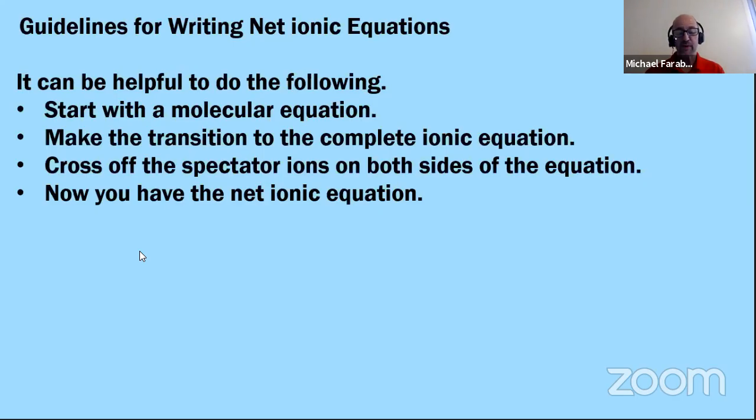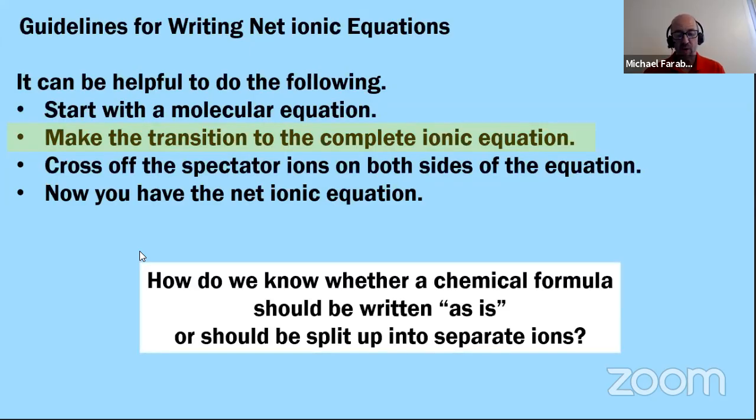So this second bullet point, make the transition to the complete ionic equation, you might be asking yourself, well, how would I know whether a chemical formula should be written as is or should it be split up into separate ions?